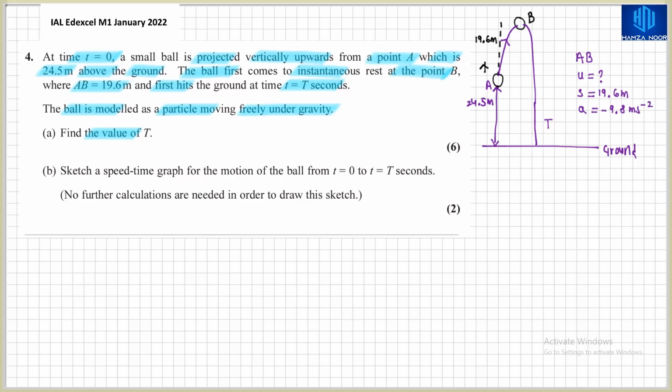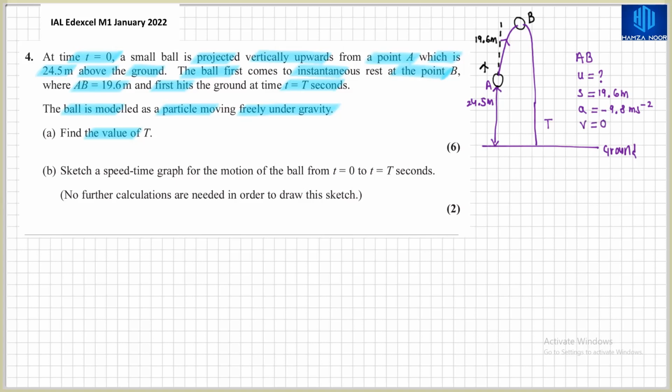Since in this journey AB the velocity decreases, the particle slows down as it goes up, so acceleration is minus 9.8 meters per second squared. Here we are talking about vertical motion under gravity. And obviously at point B, the final velocity becomes zero, as the ball comes to instantaneous rest at that point.